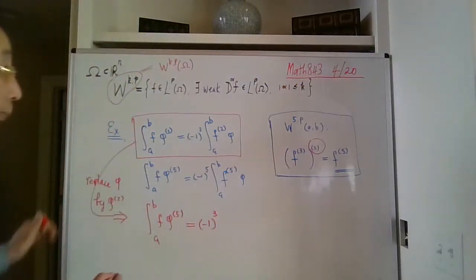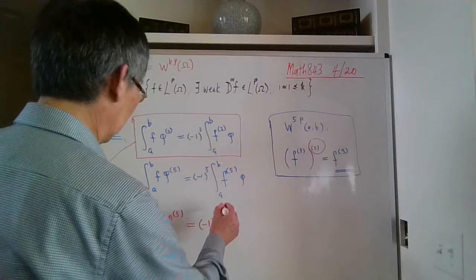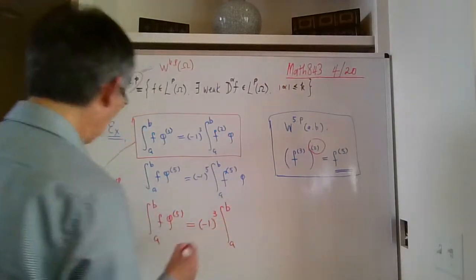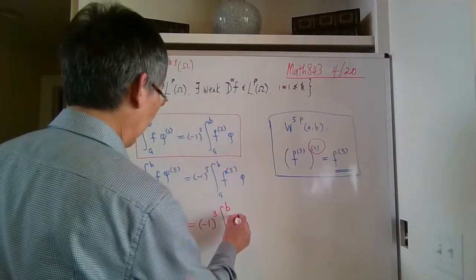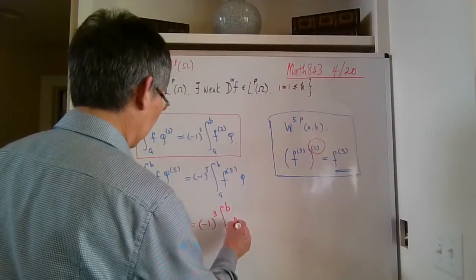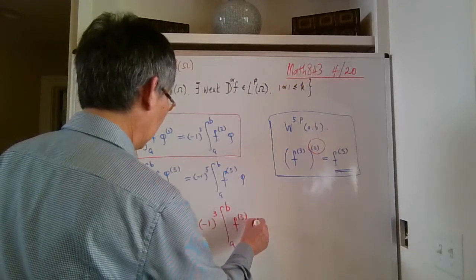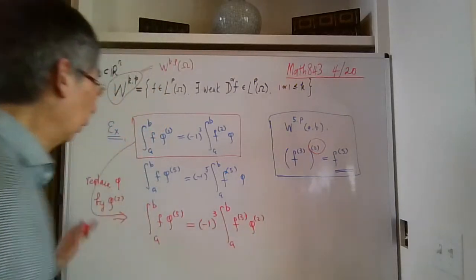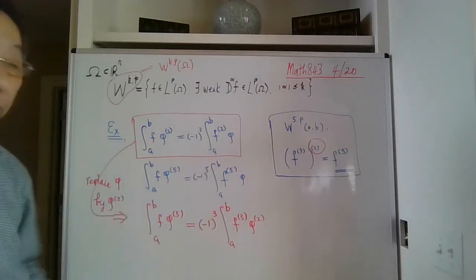Nothing is changed. And you can see the integration is from a to b, with f3 sitting here, then phi2. So I simply replace phi by phi2, and you get this new identity.